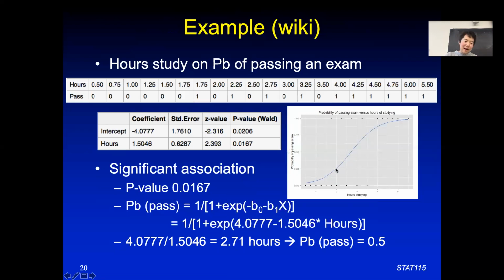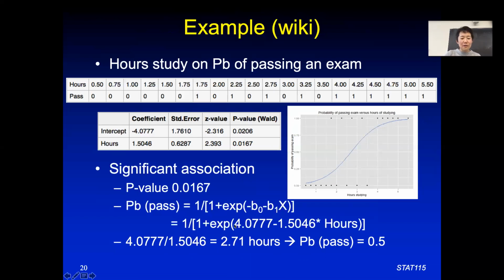But if it's below 0.5, you will predict the student as failing the exam. Of course, depending on the specific value, you have either a lot of confidence, like here, if a student studies this much, you have very high confidence. Whereas if they only study this much, they will only be barely passing the exam, right?